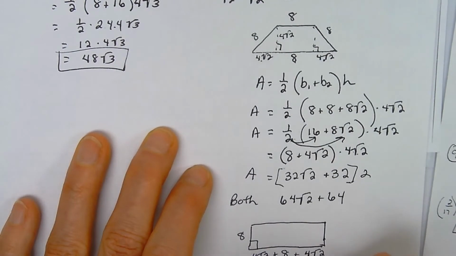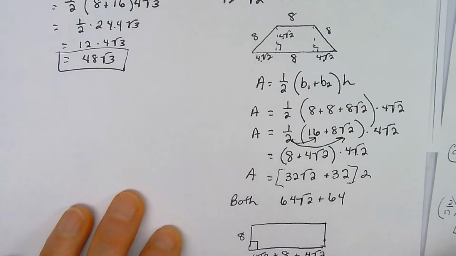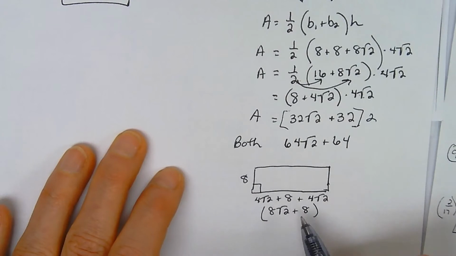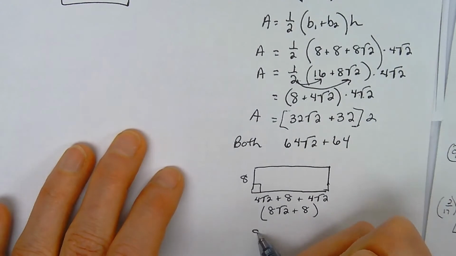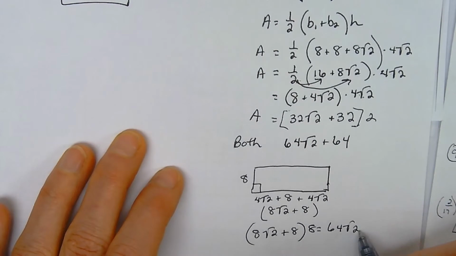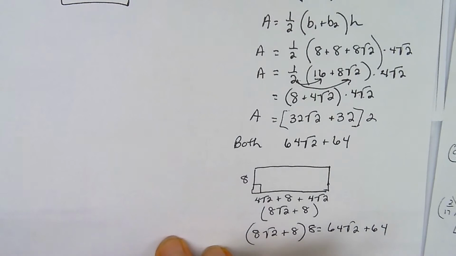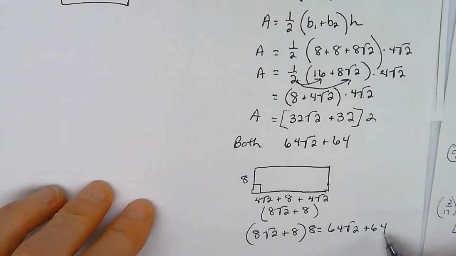That's 8 rad 2 plus 8. I'm going to multiply this times the height. So 8 rad 2 plus 8 times 8 equals 64 rad 2 plus 64. And that is the area of the rectangle.